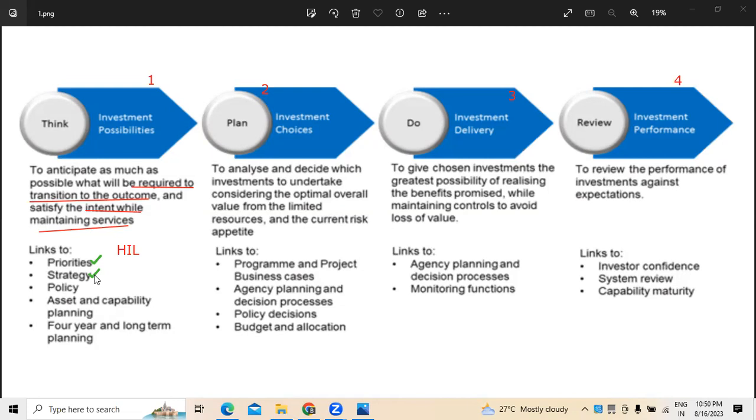Apart from the priorities we have identified so far, those priorities require some strategy when it comes to the investment perspective, because investment is not something to be added, as I told you, right? Investments must give us an output in multiplication, then only it has value. So strategy is needed.